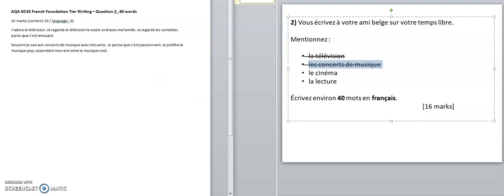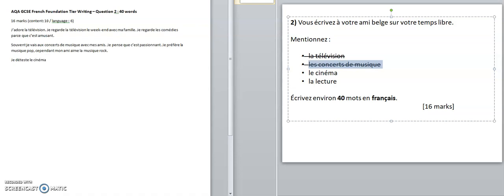And I can move on to le cinéma. So le cinéma, it's going to be a bit samey if I like everything. So I'm going to say I hate the cinema. Je déteste le cinéma.